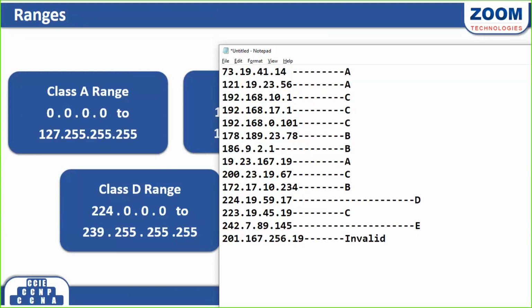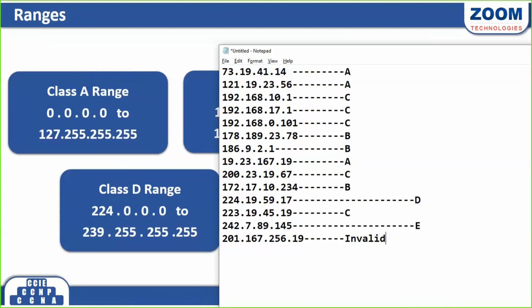Why is it invalid? Because of 256. What is the maximum number in an IP address? 255. So how can we get 256? It's an invalid IP address.